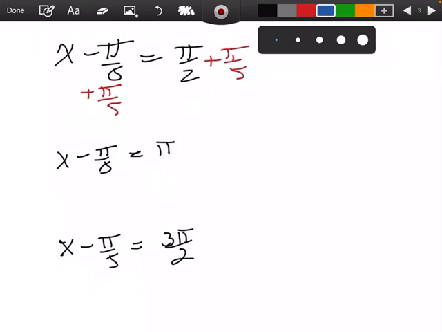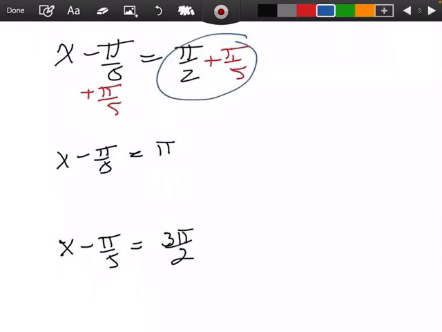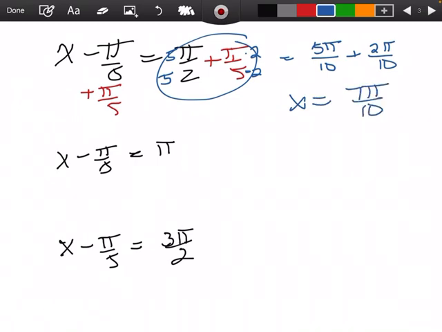So let's see. What that's telling me is for this part, I need to get a common denominator. My common denominator is going to be 10 here. So I'm going to multiply this one by 5. Got to multiply this one here by 2. So this is going to leave me with a 5 pi over 10 plus a 2 pi over 10. So that tells me x is 7 pi all over 10.